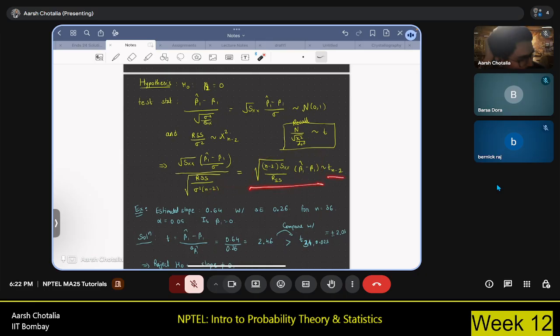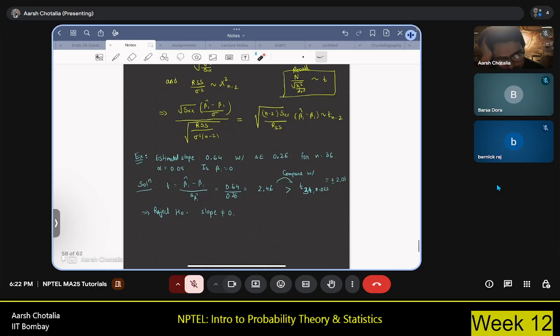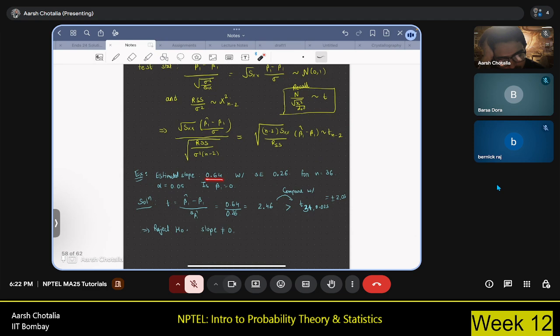Calculate the value and compare it with the critical value in the t distribution, assuming that some alpha is already given. For example, if the estimated slope is 0.65, and the standard error, which is the inverse of this, is 0.26 for n equal to 36, and alpha is given to be 0.05.